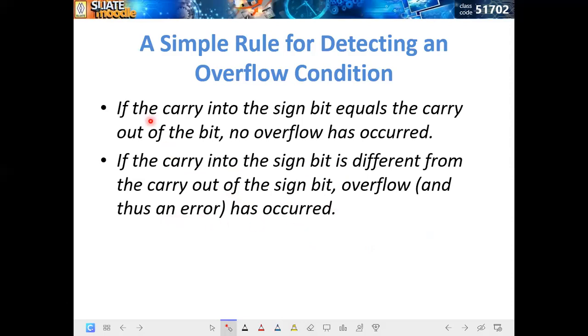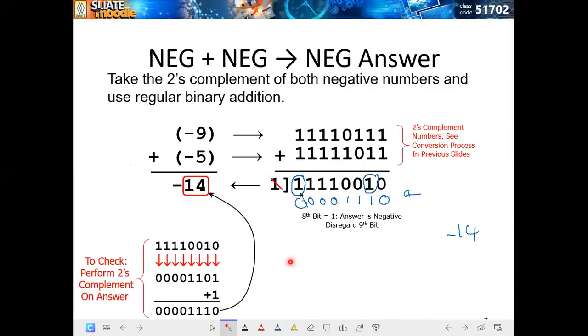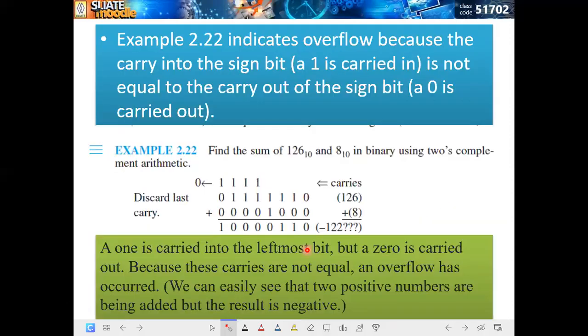Let's see. The first example indicates overflow because the carry into the sign bit, the one that is carried in, is not equal to the carry out of the sign bit.